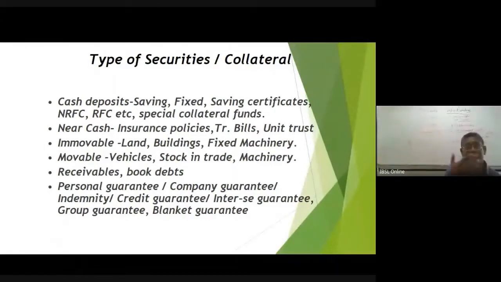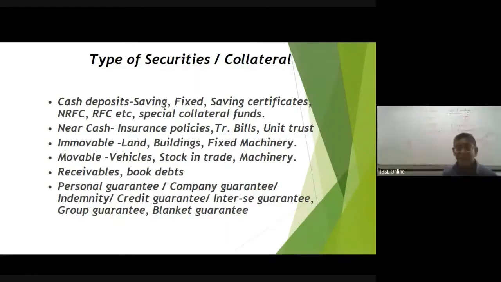Then there are different types of securities. Here we explained to you, I have given you the notes, different types of securities. Based on the type of securities, some banks are charging different interest rates.